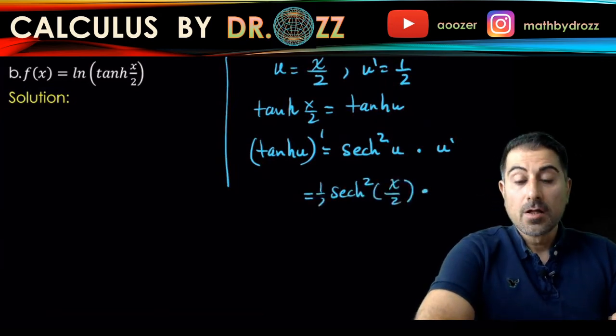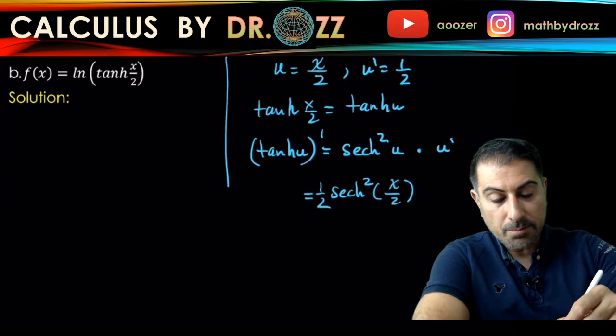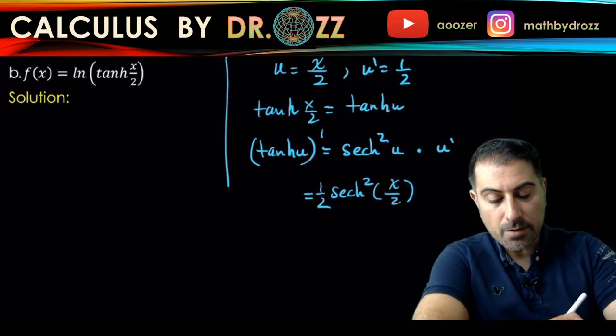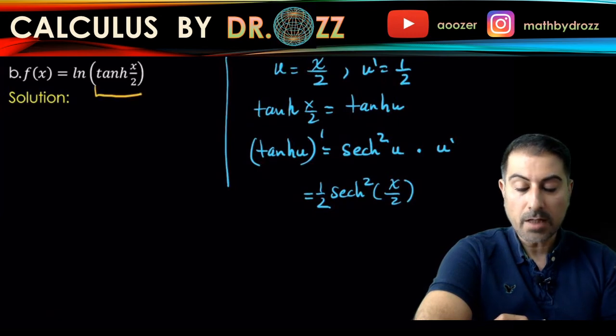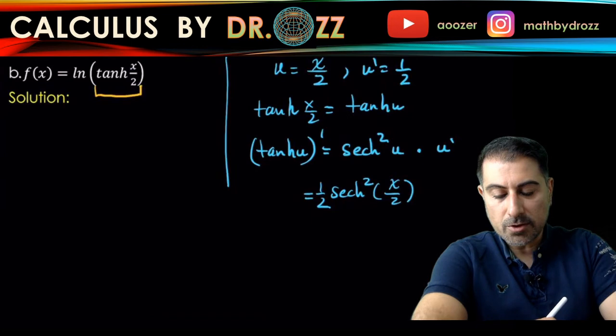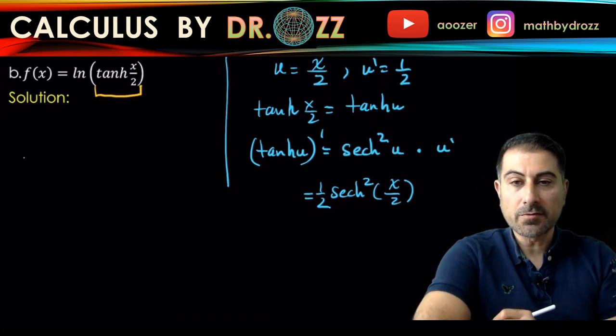This is good because I just took care of the derivative of the inner part, tanh of x over 2 prime. So let's use the chain rule here. F prime of x is the derivative of ln.